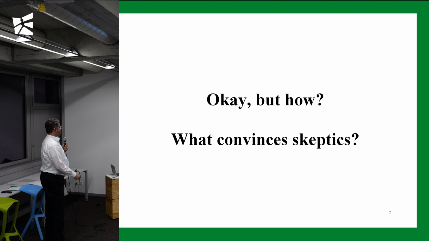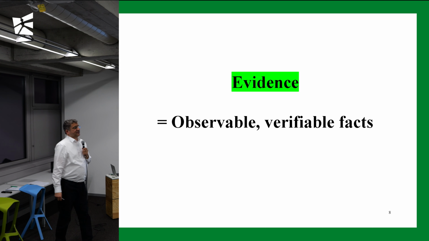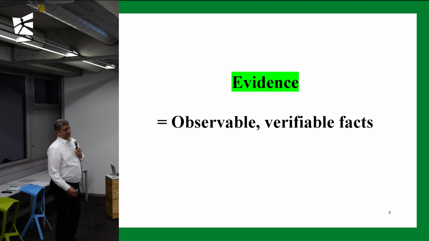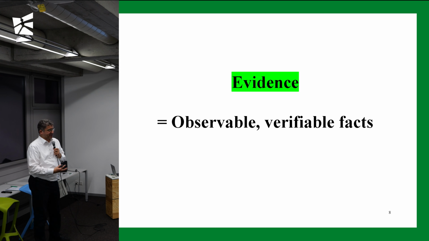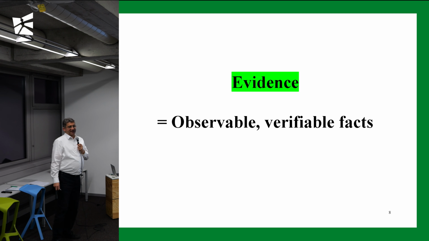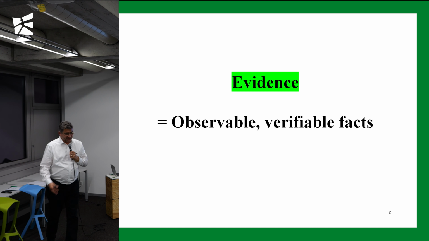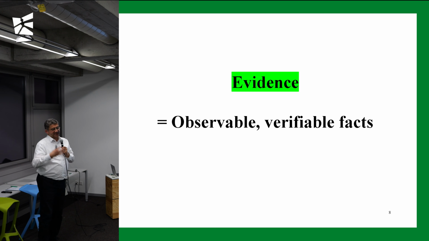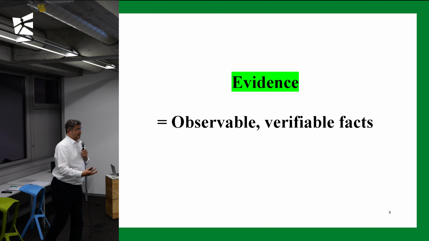So I need to understand, well, okay, what convinces researchers most, including your supervisors? Well, evidence. What is evidence? Simply put, observable, verifiable facts. What does that mean? That means that the facts that I present can be tested. They can be replicated.